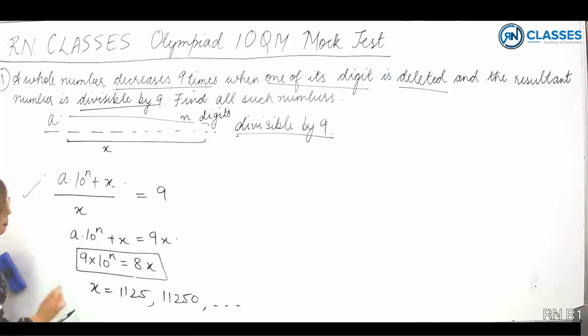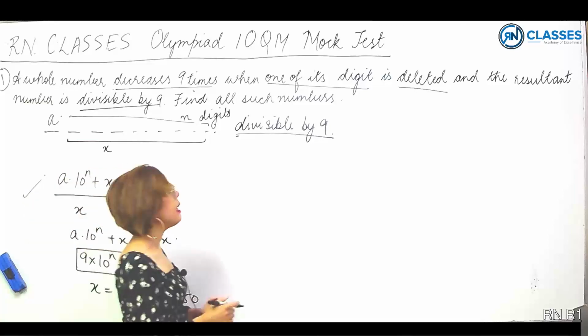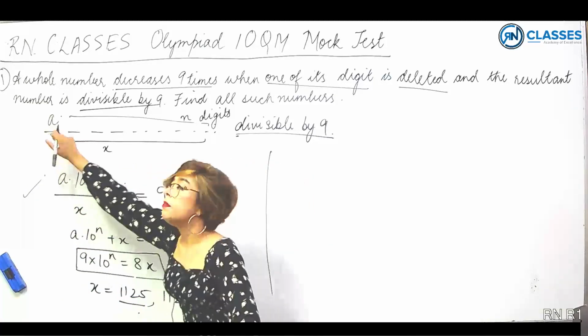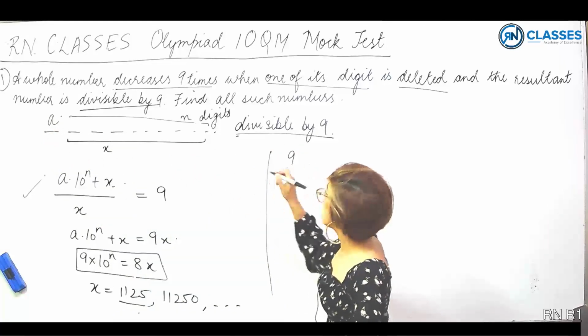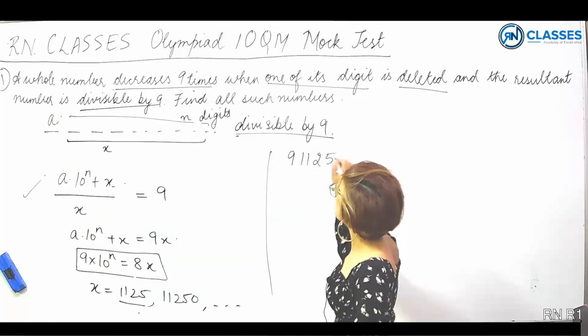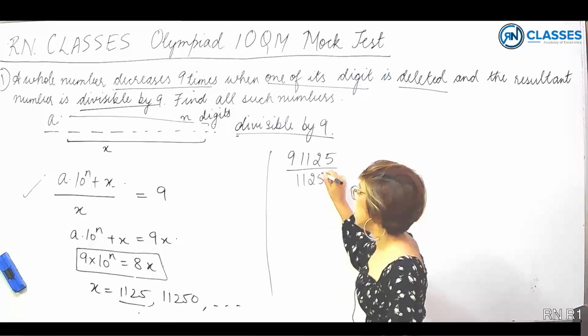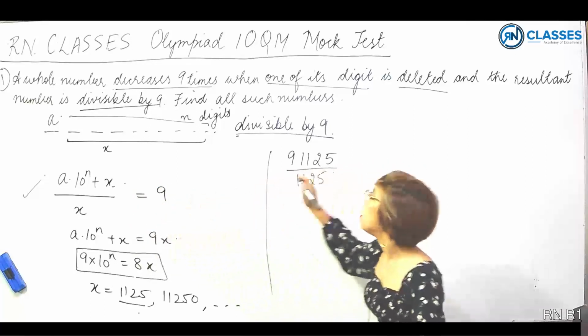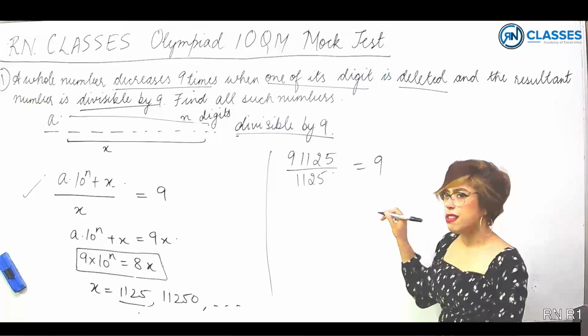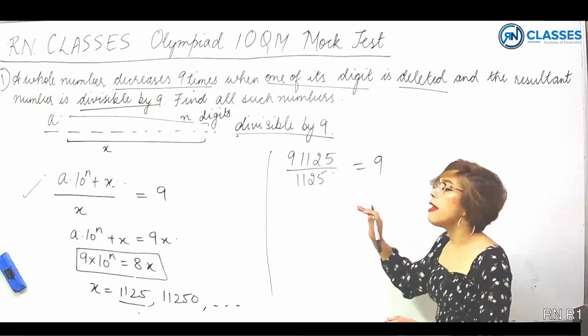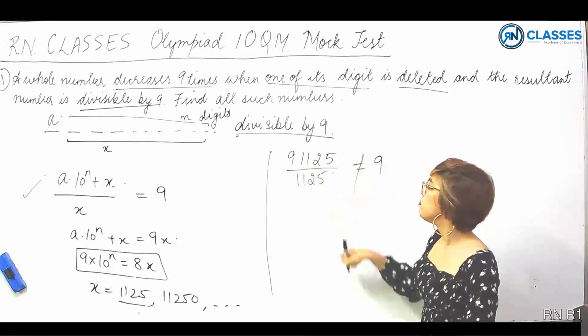So let me check this first number once, right? I had x as 1125 but my number a is 9. Then x is 1125, and this should have been equal to 9 times something. But is it? Multiply. This into 9 is definitely not this number.